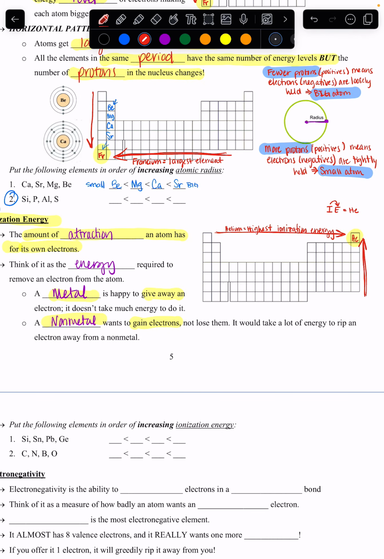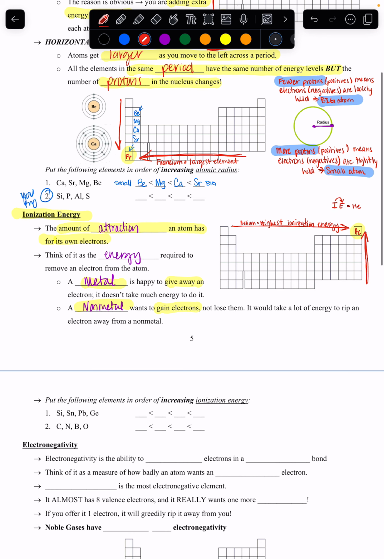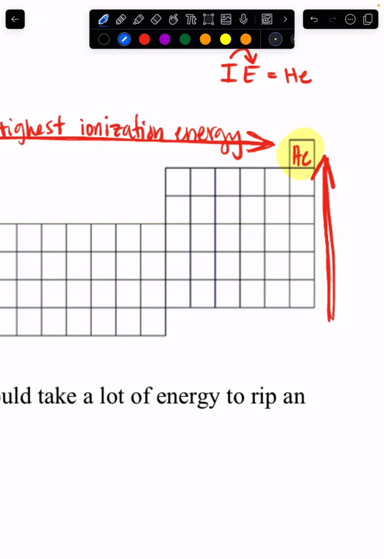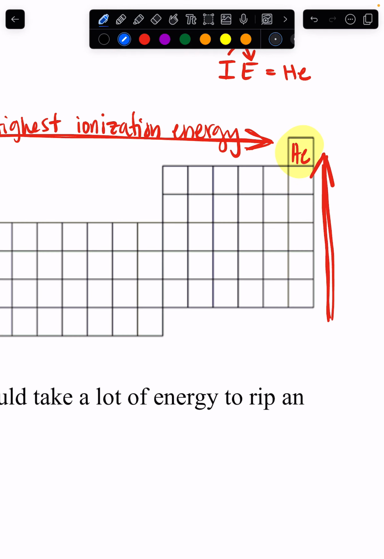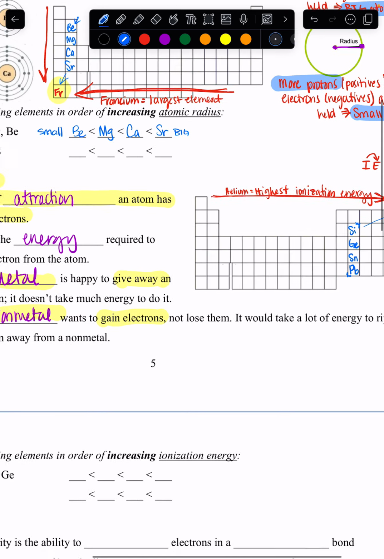All right, so let's do this as our little practice. I'm looking at number 1 down here. I have silicon, tin, lead, and germanium. Silicon is here. Tin is down here. Lead is here. And germanium is here. So as I increase going towards helium, the higher ones up here have more ionization energy, whereas down here, I have a much lower ionization energy.